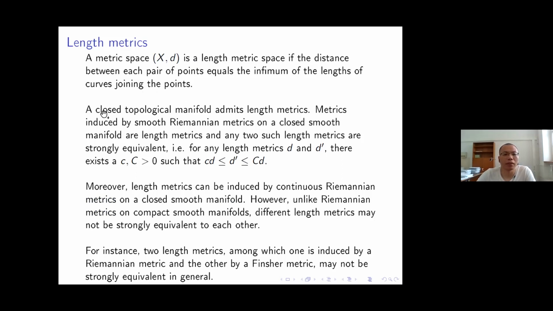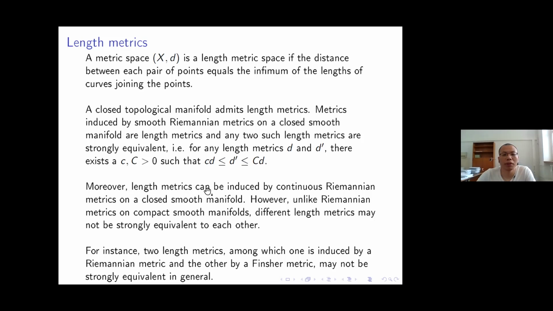A closed topological manifold admits a length metric. Metrics induced by smooth Riemannian metrics on a closed smooth manifold are length metrics, and any two such length metrics are strongly equivalent.